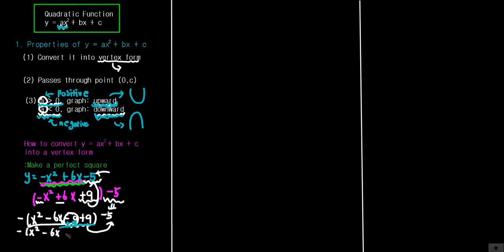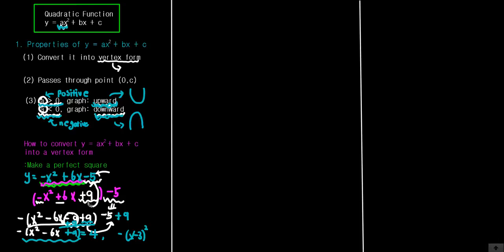Then we get negative 6x plus 9, which is equal to negative 5 plus 9, which turns into positive 4. We can still factor this term out, which will be negative x minus 3 times x minus 3 if you know about factoring. It will simply be x minus 3 squared because we're multiplying the same thing.